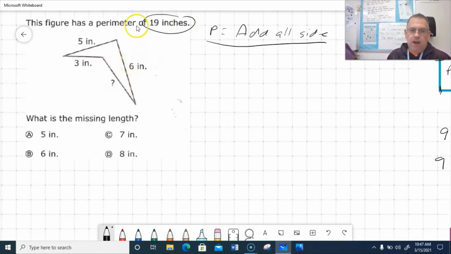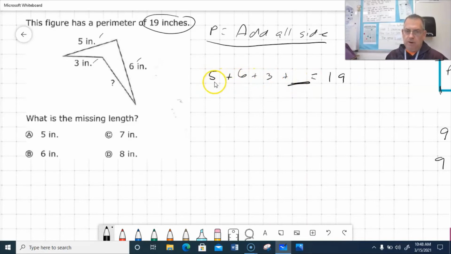If we add all sides to get 19, we'll write the equation: 5 plus 6 plus 3 plus something right here, we don't know what the something is, equals 19. So we add all sides to figure out perimeter, and we can use some information that we know to figure out what this missing side is.